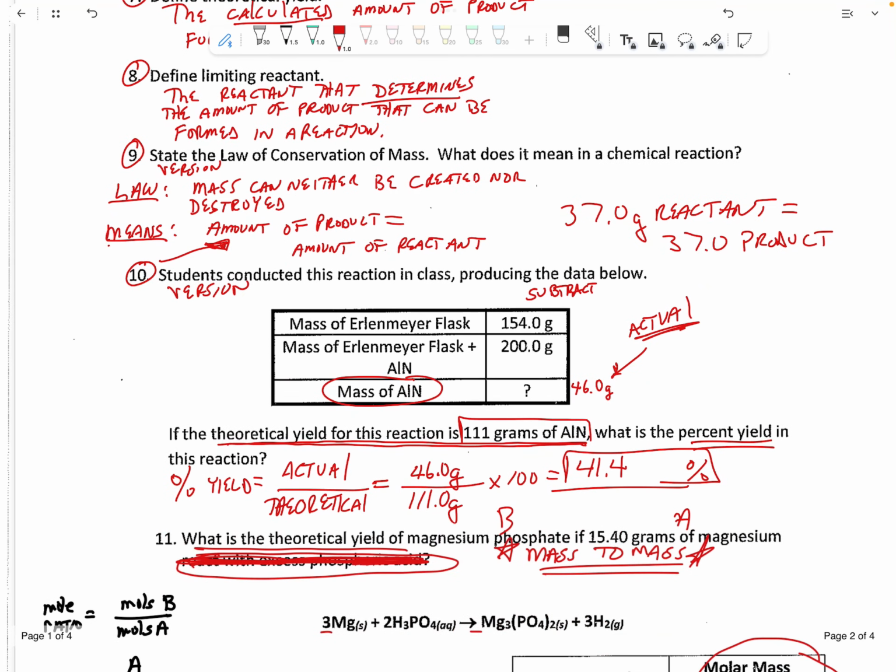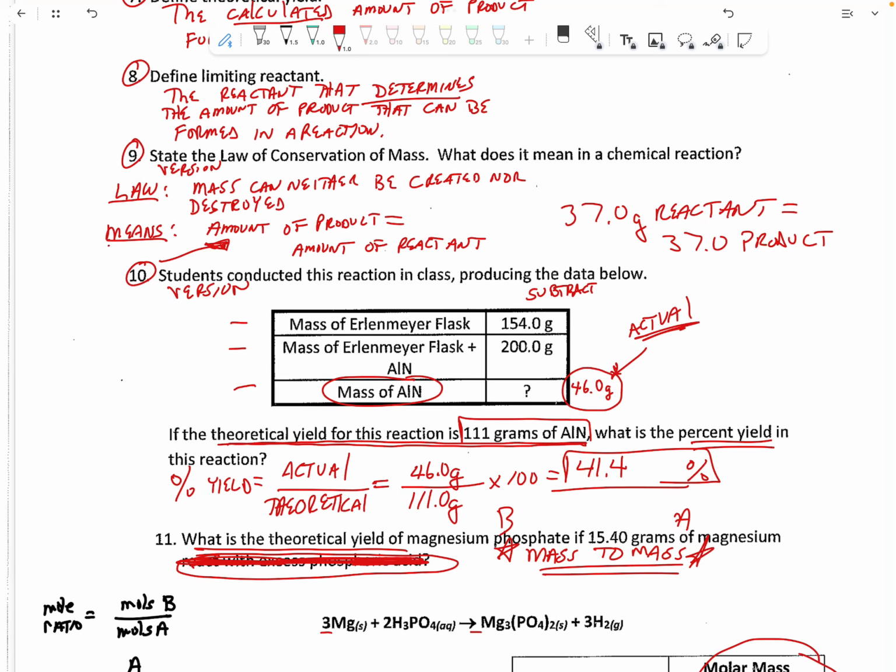Number 10, we have students conducting a reaction in class, producing the data below. So you have the mass of an Erlenmeyer flask, and the mass of the Erlenmeyer flask and the aluminum nitride. So the mass of the aluminum nitride is found by subtracting those two: 200 minus 154 grams. What you end up with is 46 grams.